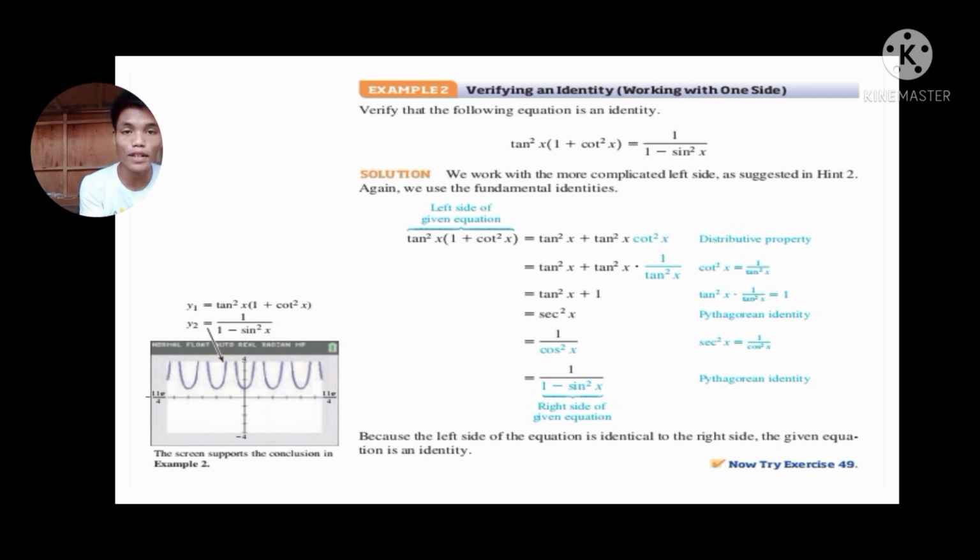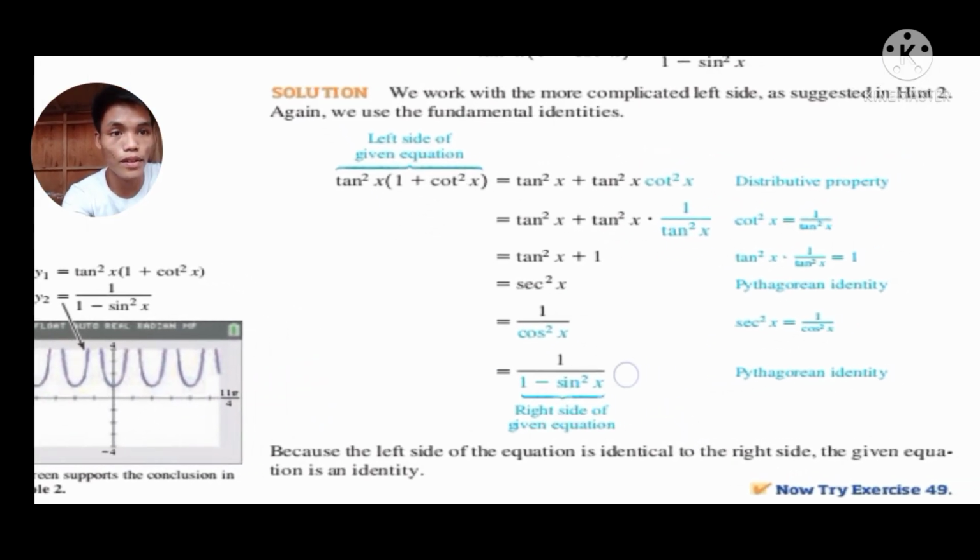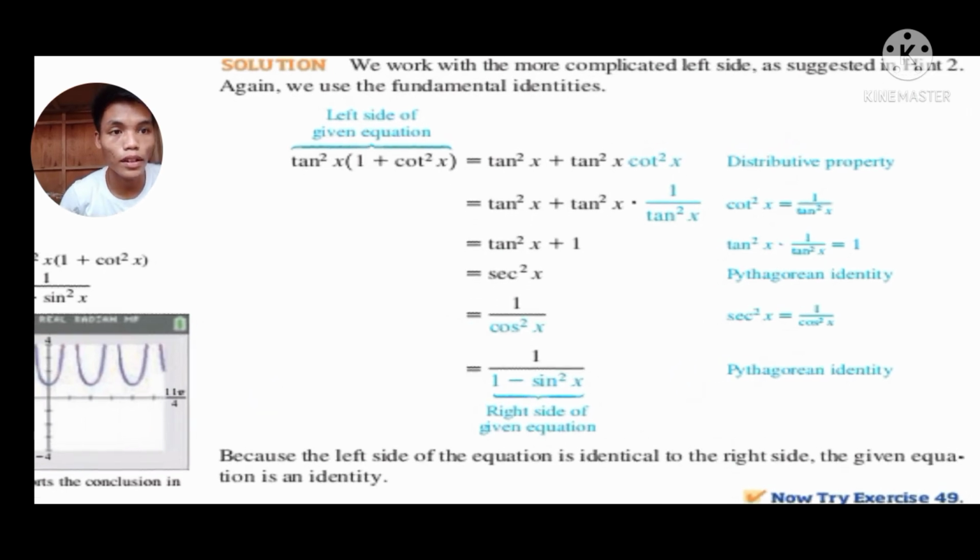So cotangent squared x is equal to 1 over tangent squared x. Okay, let's zoom it bigger. Now it is equal to tan squared x plus 1. So tan squared x multiplied by 1 over tan squared x is equal to 1. That is why we have 1 there.